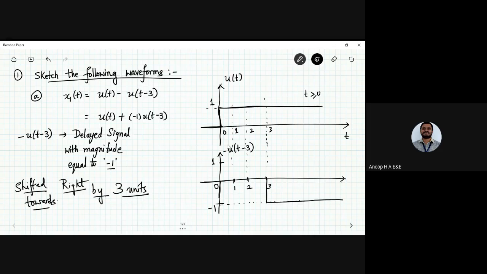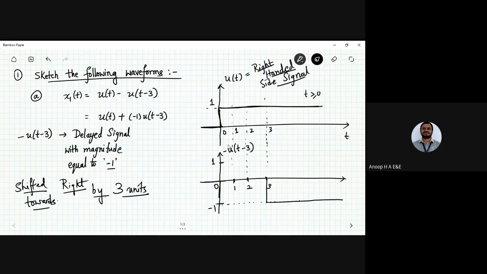The u of t signal, as I already told you, can also be called a right-handed signal. All the signals where you have t greater than 0 or t greater than or equal to 0, we call a right-handed signal.